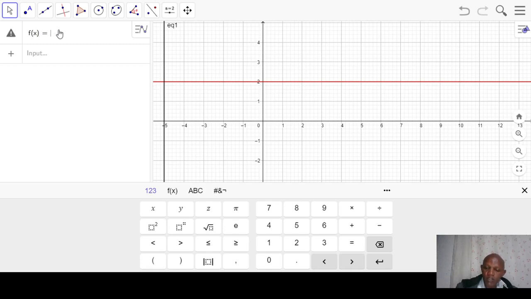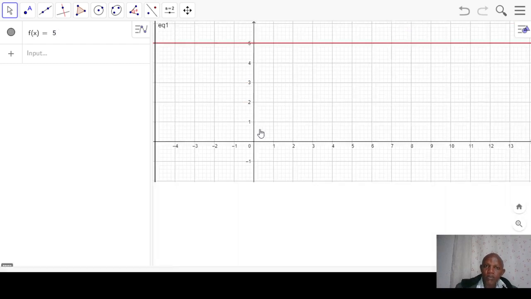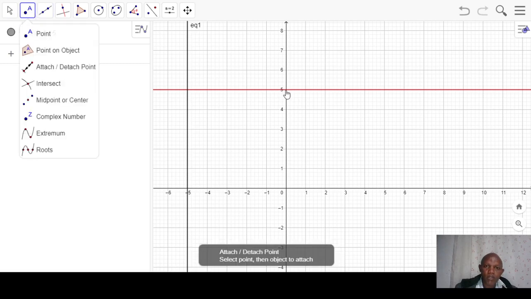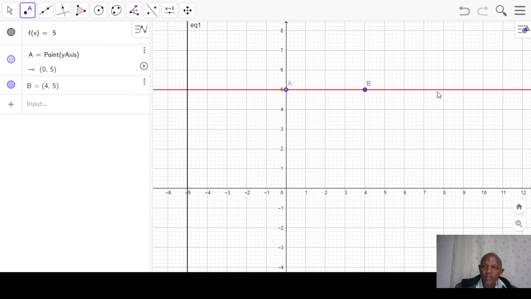If I change this and say it is 5, then it will move up. You are seeing the value of 5. Any point along a horizontal line where y is 5. If I take, for example, points here, another point here, another point here, the value of y, this is y for your information, will be 5.